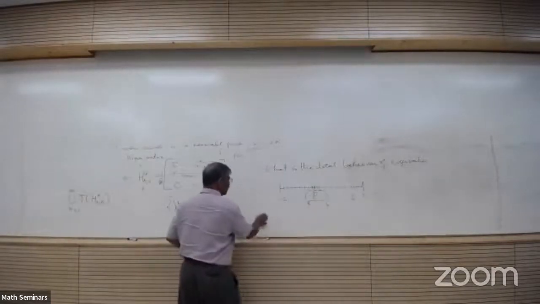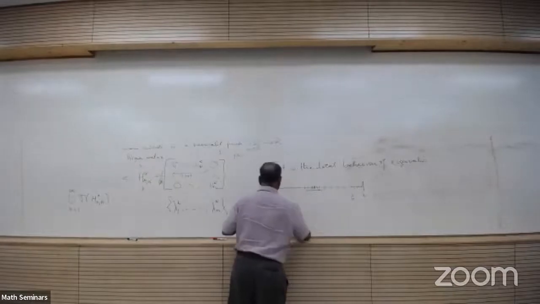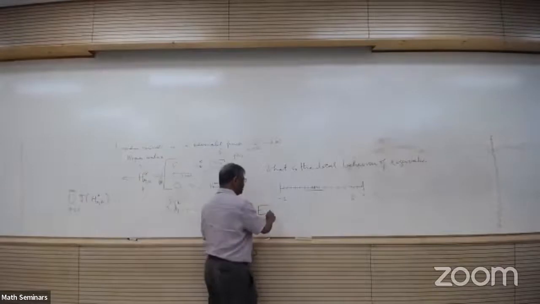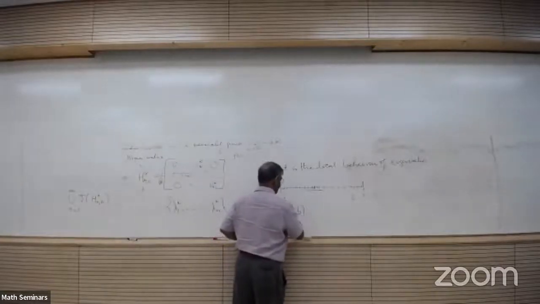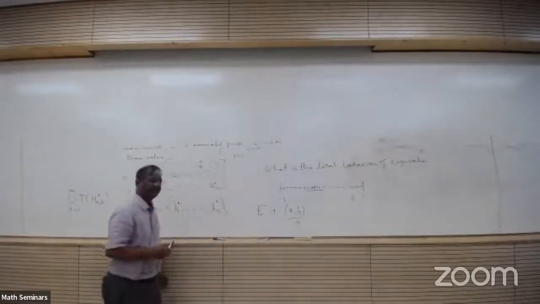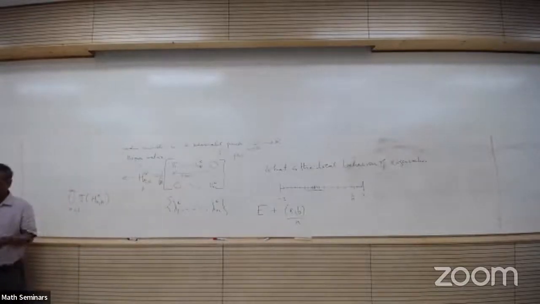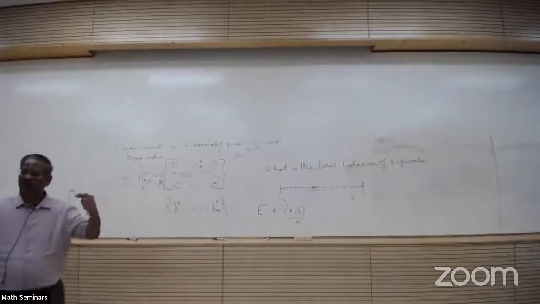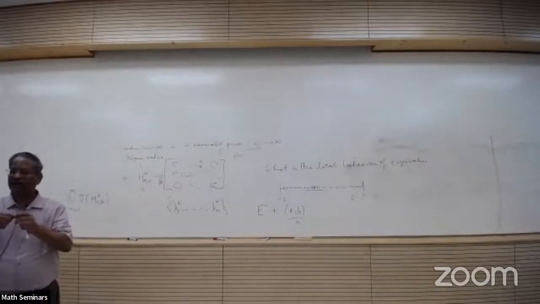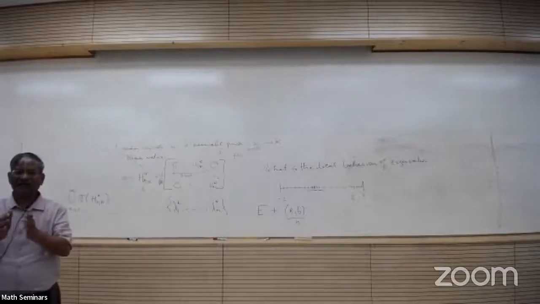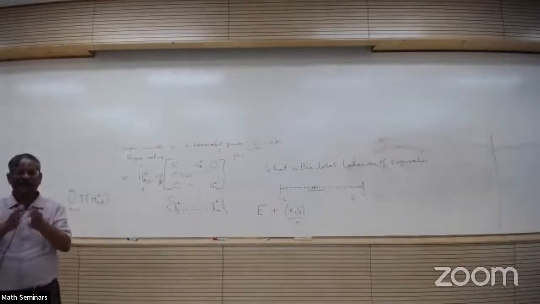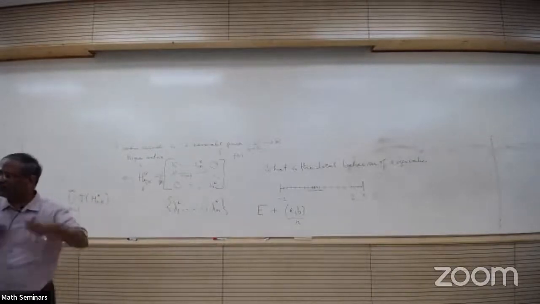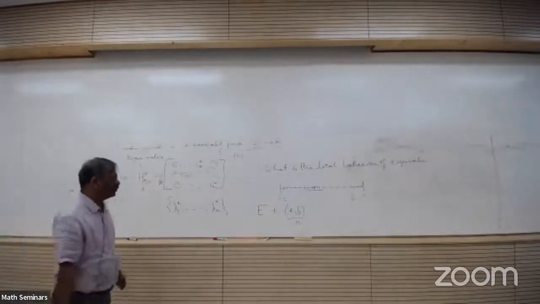So what I'm going to do is, for every n around a point E, I am going to take an interval AB and divide it by n. As the matrix size increases, there are more and more eigenvalues that will pile up at E. But if I also shrink the region where I am looking, you will still catch only finitely many, not too many. So that's what one is going to do.